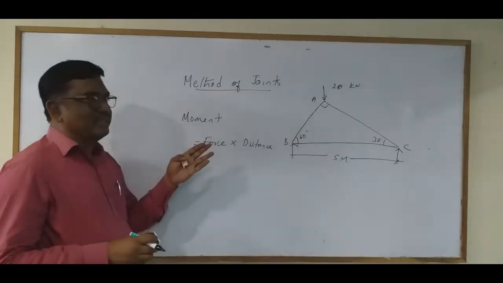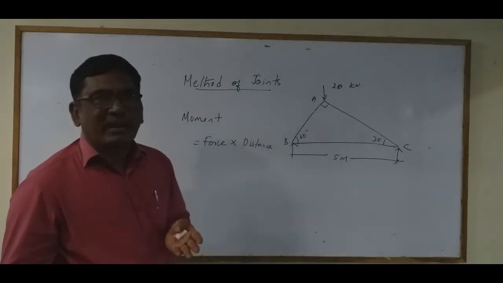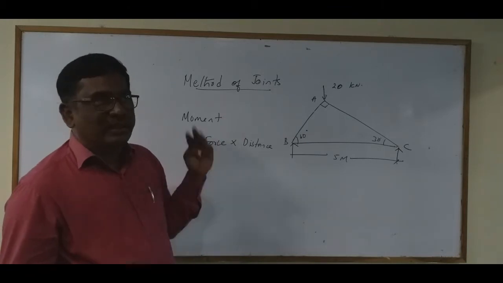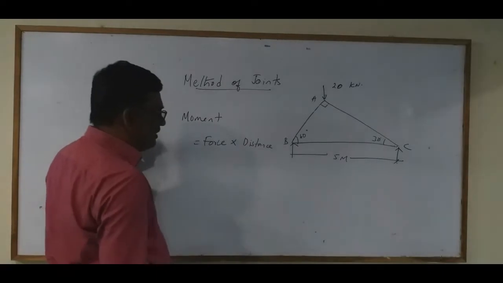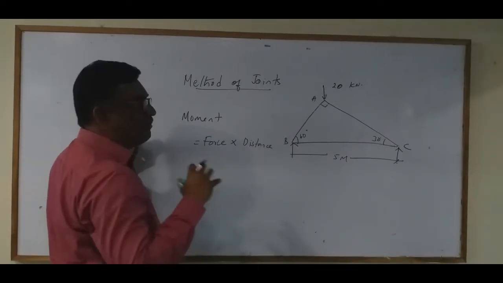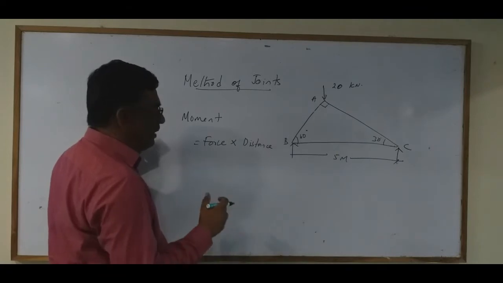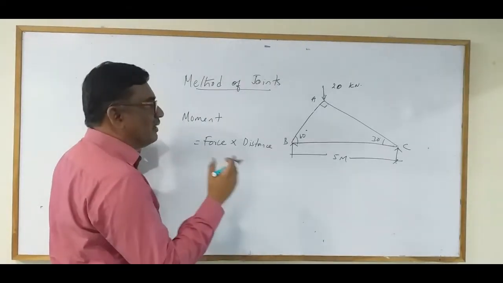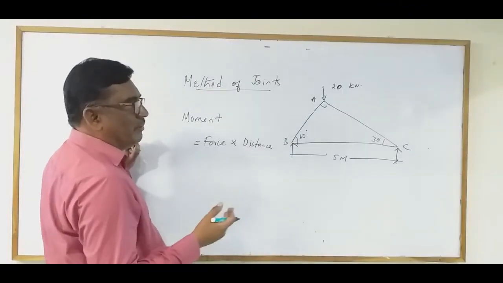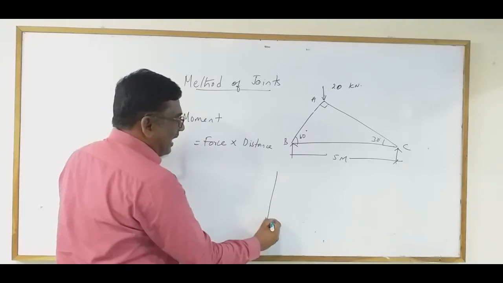For this, we are starting now with real-time examples. In the beginning, in your engineering mechanics, you might have studied this. We can find out the moment of a force about any point, as force and distance will give you the moment. A force may be acting here.